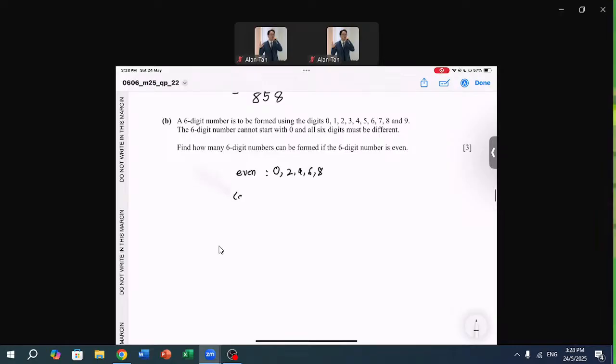And cannot start with 0, so the first digit is 1 to 9.